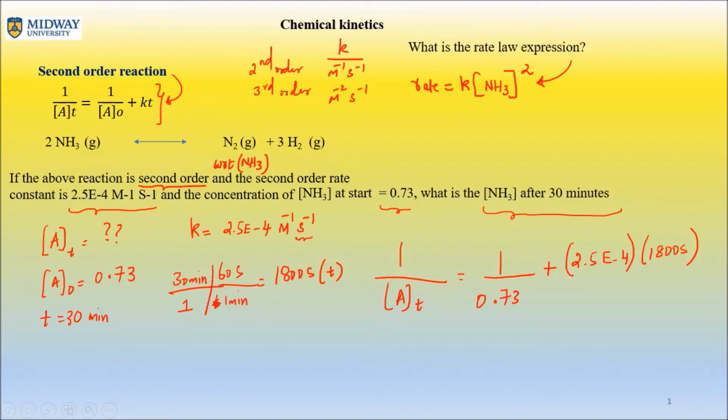So this value, whatever it is, 1 over this A_t, this whole thing is equal to 1.819. But we want A_t, right? So it's 1 over 1.819. Again, I'm not going to go through why we're doing this. That should have been taken care of by your math teacher. So 0.549.